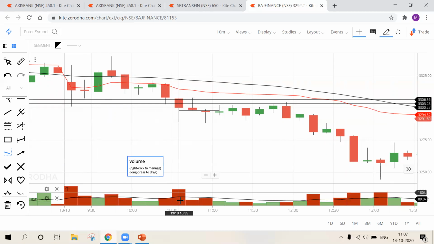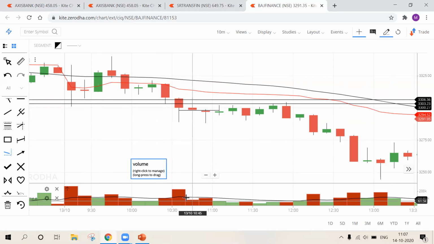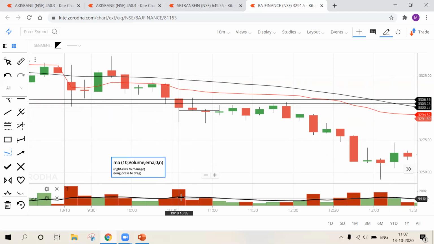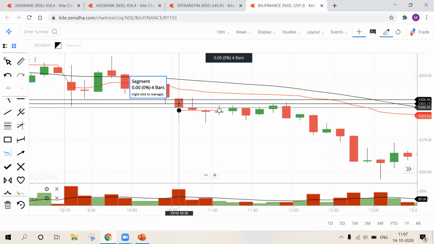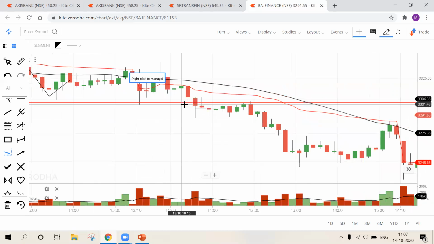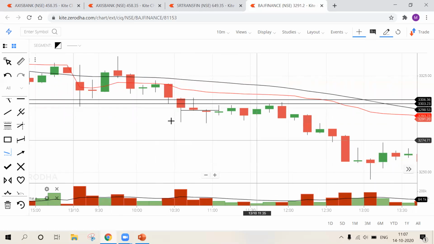Here the volume bar is red, and the red bar is more than the black moving average line on the volume chart. That means more than average number of sellers are coming to the market during the breakout. So that tells us more sellers are going to come and push the price down.